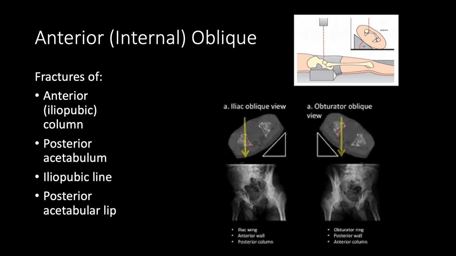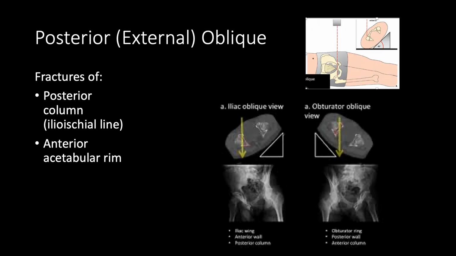So there's the anterior. You can do an anterior internal oblique, which you're going to get more of the posterior acetabulum and a little bit of the anterior iliopubic column. So if you want to see the posterior wall of the acetabulum, use an internal oblique view.